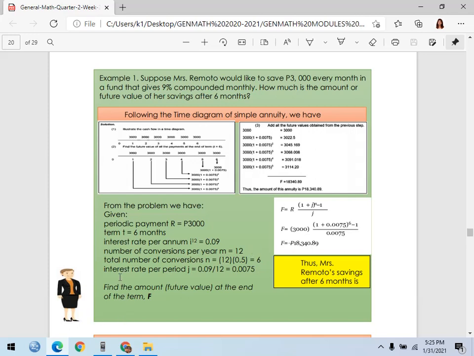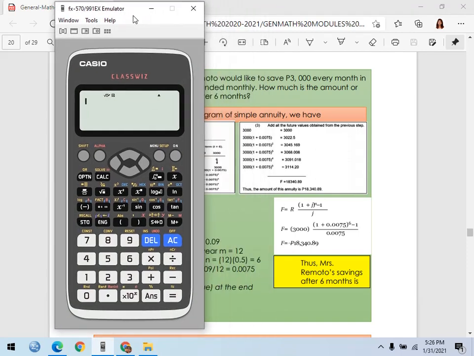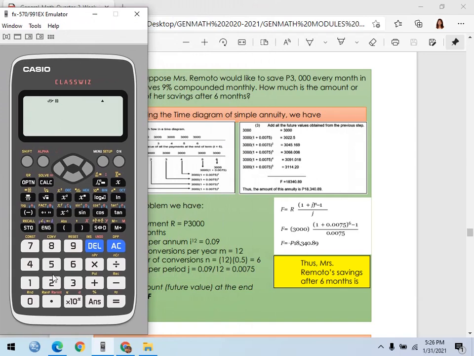And then the interest rate per period, or J, which is not given pero pwede siyang isolve, you're just going to divide I divided by M. Again, J is equal to I divided by M. So I is 0.09, and then M is 12 because it is compounded monthly. Therefore, kung i-divide yan, we have 0.09 divided by 12.